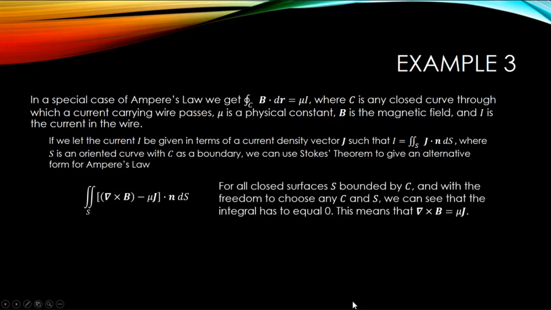And because this has to equal 0 for all surfaces S bounded by C, and considering that we're free to choose S and C, the integrand itself has to equal 0, which means that del cross B has to equal mu times J. So del cross B equals mu times J is an alternative form of Ampere's law.